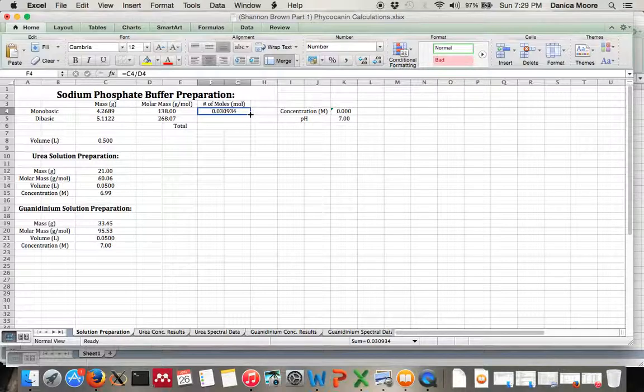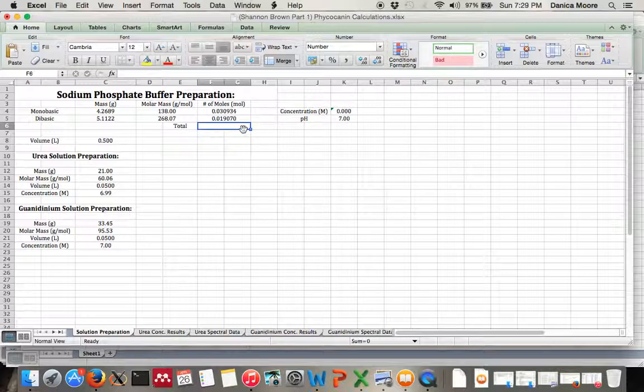I click and I drag it down, and the number reappears. And I have this formula in the top one, and in the bottom one I have this formula. So that's a really useful little tool when you have to do the same calculation numerous times. You don't need to actually do the calculation, you can just have Excel do it for you.